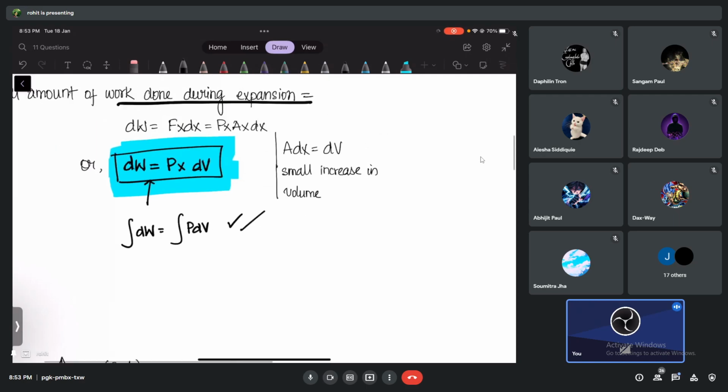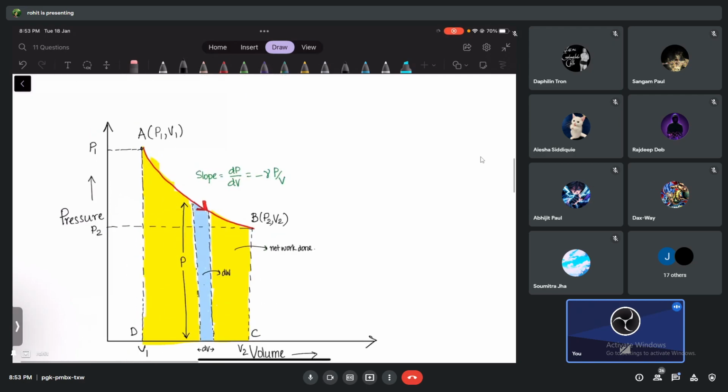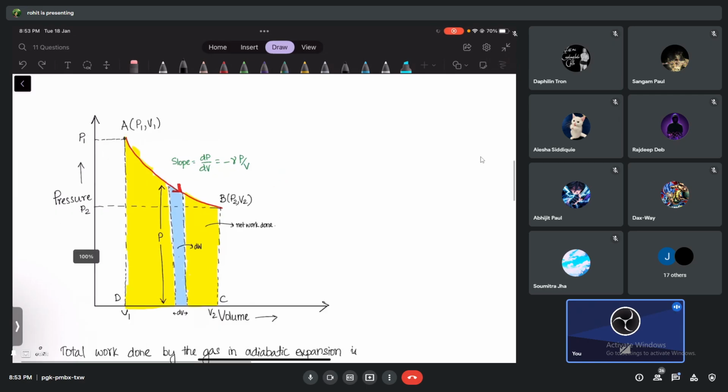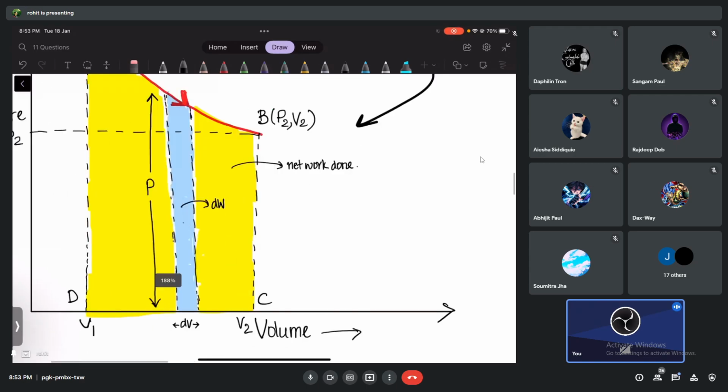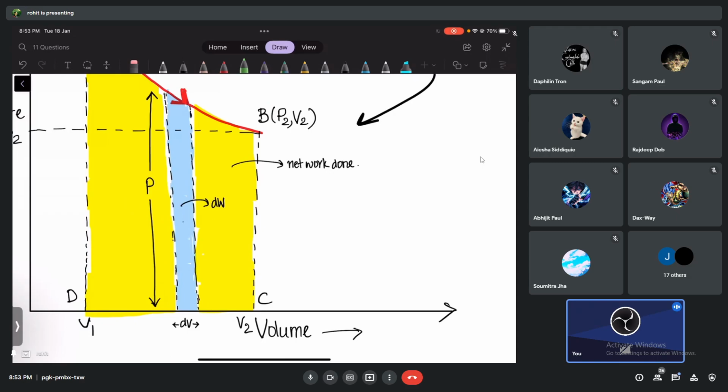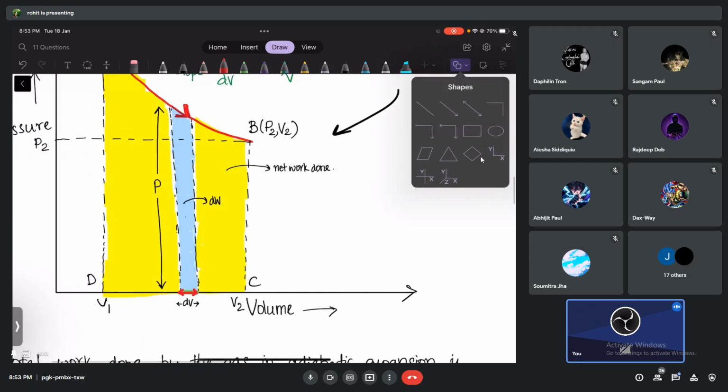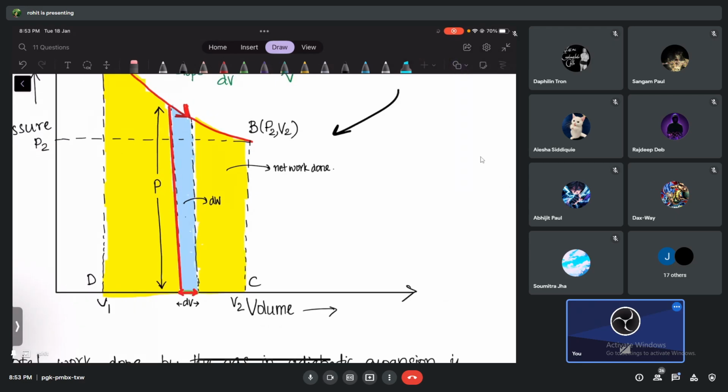But let me show you the graph. Before, we had a graph with a very slow decrease in pressure, but now I'm showing you a very quick decrease in pressure. So this is your adiabatic expansion. Again, for a very small volume, let me use red, I can imagine the pressure to be constant, and this is the value of the pressure at that point, and I can imagine the same value somewhere here.